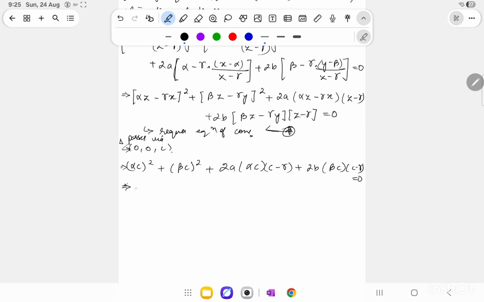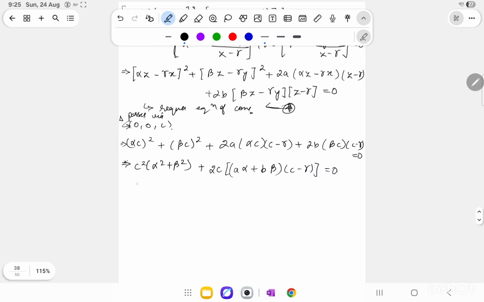If I simplify it, I'll get c square into (alpha square plus beta square) plus 2c into (a alpha plus b beta) into (c minus gamma) equals 0. So this is one equation. Let us name it star 2.